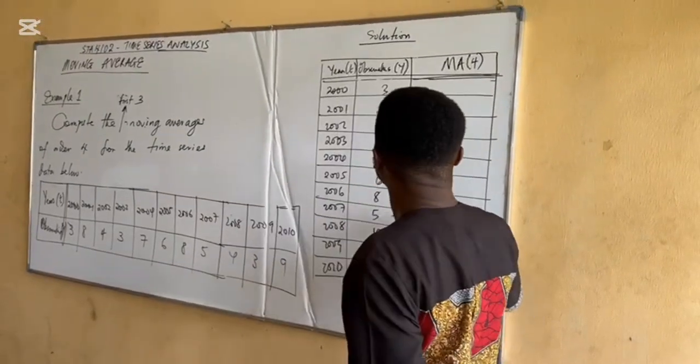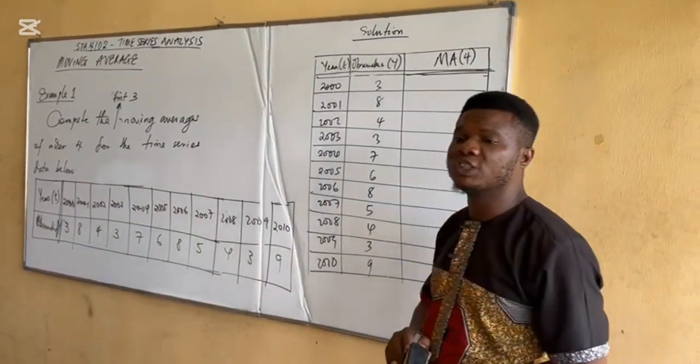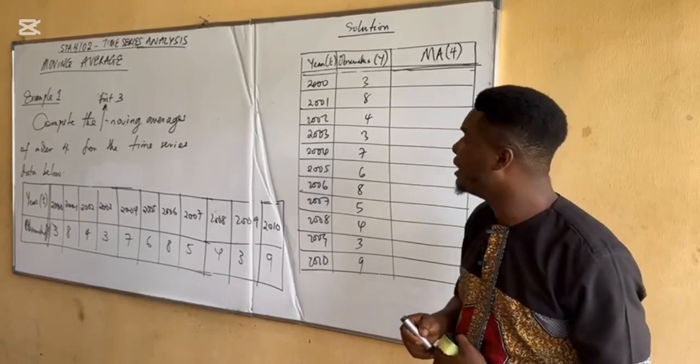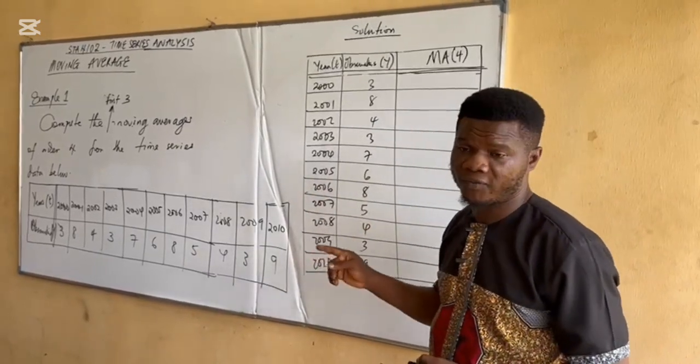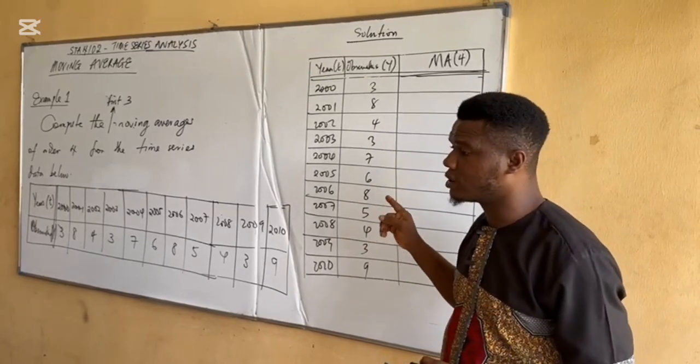Now, we were told that the moving averages of order n will be a sequence of arithmetic means.